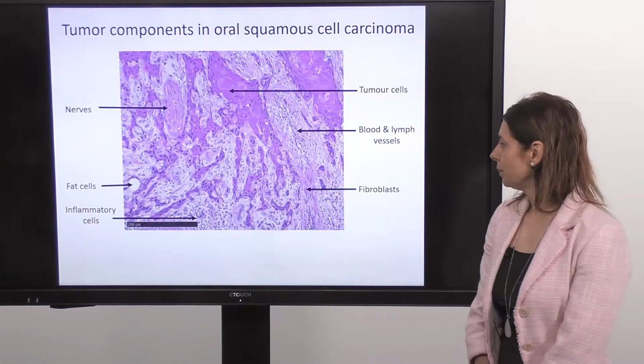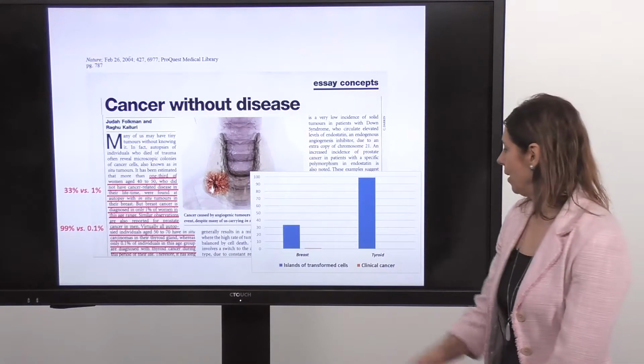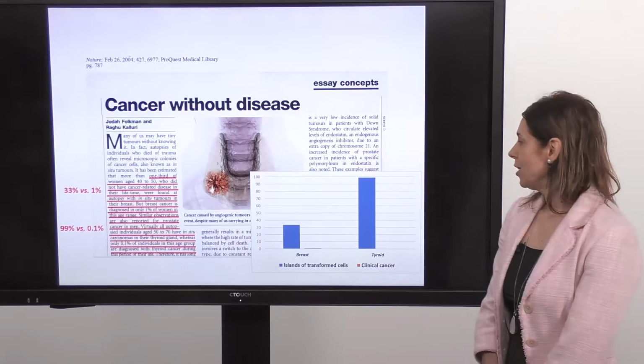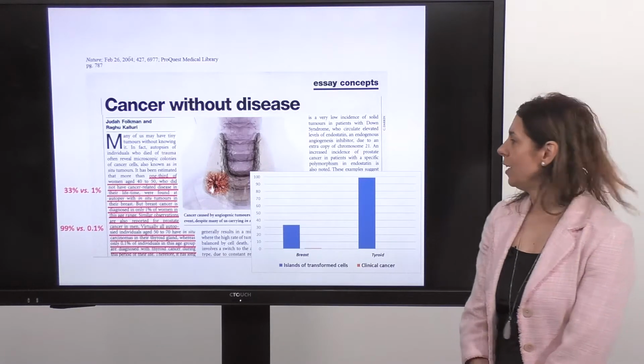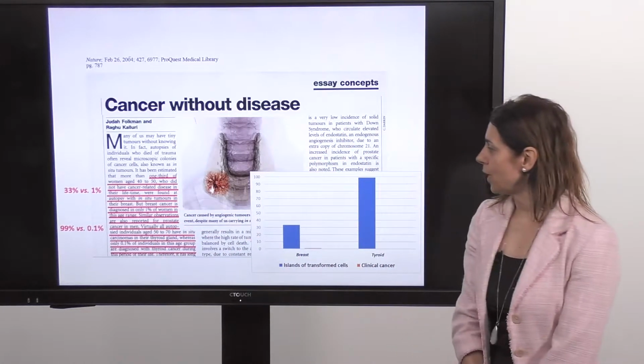Compared to the prevalence of breast cancer in the same age group, which is approximately 1%, this is a huge difference.